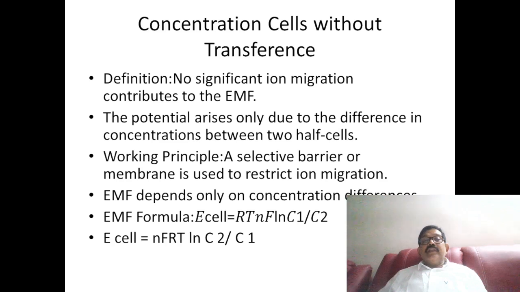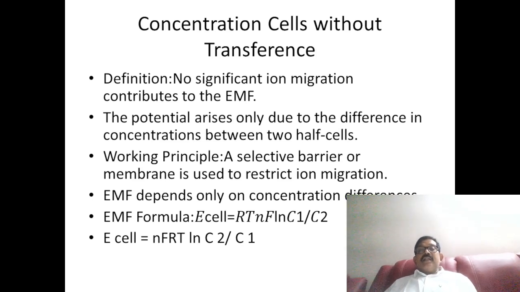Concentration cells without transference: in this case, no significant ion migration contributes to the EMF. So the potential arises only due to the difference in concentration between the two half cells.